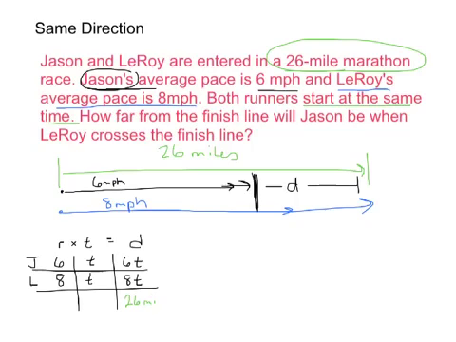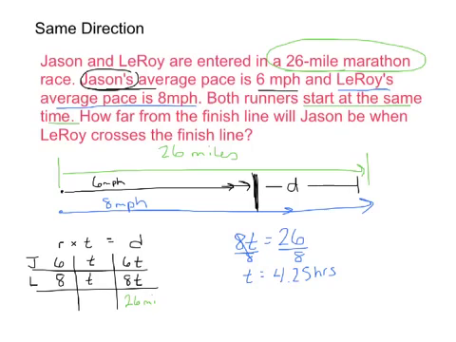If Leroy travels 8 miles per hour times the time, I want to know how long he's traveling to finish the 26 miles. So I'm going to divide by 8. My time will equal 4.25 hours.